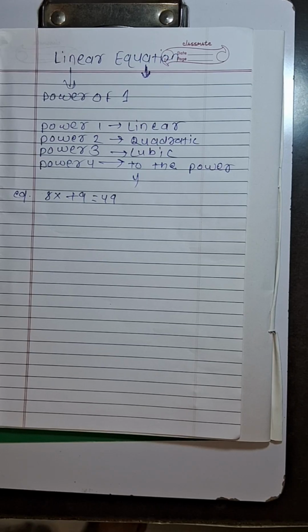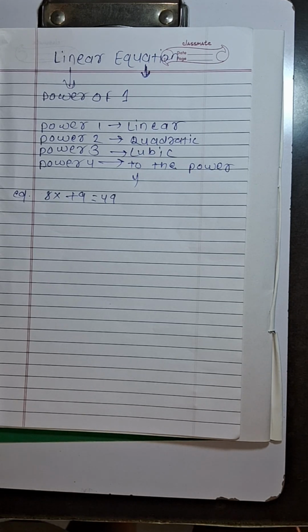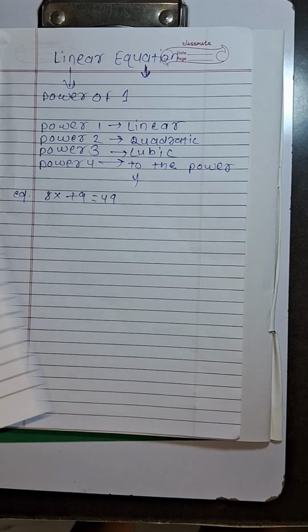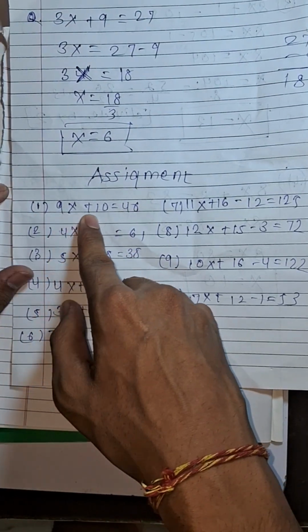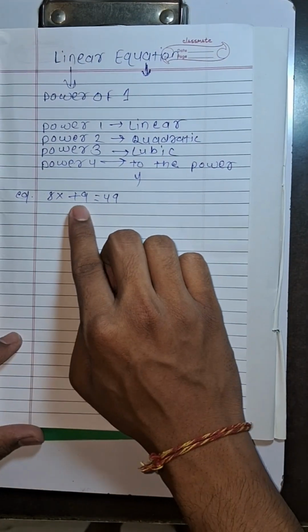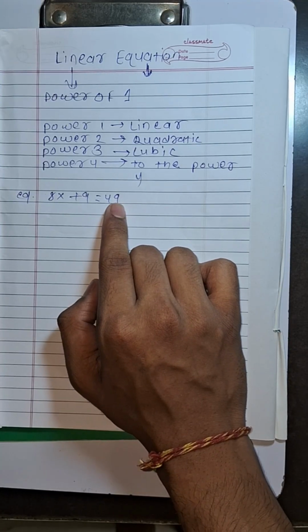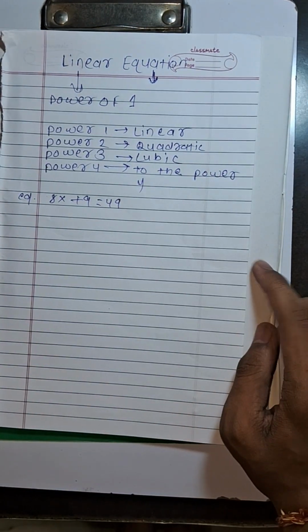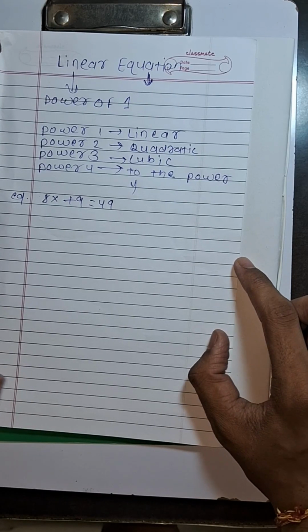Linear equations mainly contain equations like 9x plus 10 is equal to 46, which are of the same type as 8x plus 9 is equal to 49. We have already covered the topic of linear equations, and now we are going to start quadratic equations.